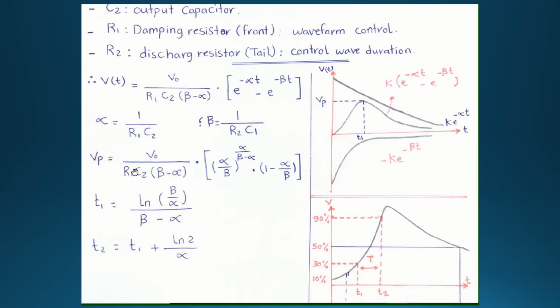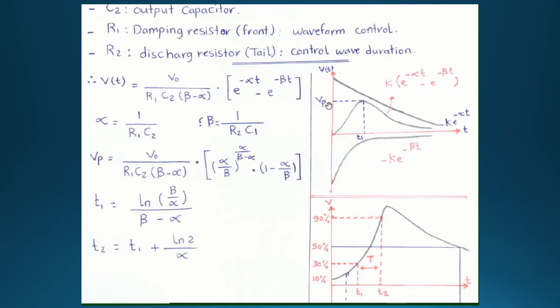Okay? So how can we find the V peak? As this is the waveform, it will look like this. The top of the wave is our V peak, the voltage peak.